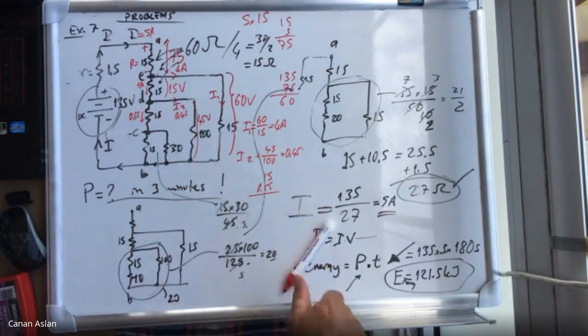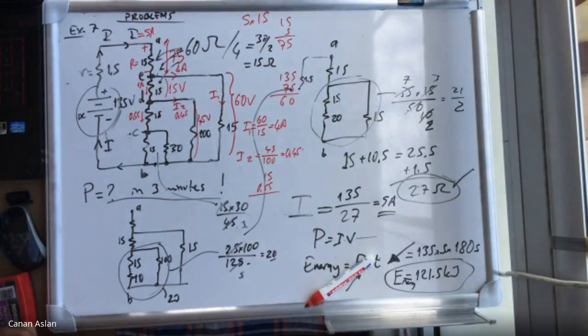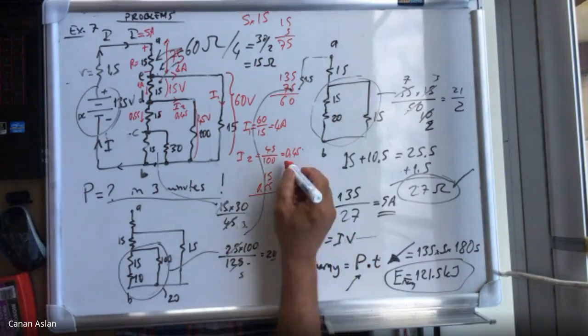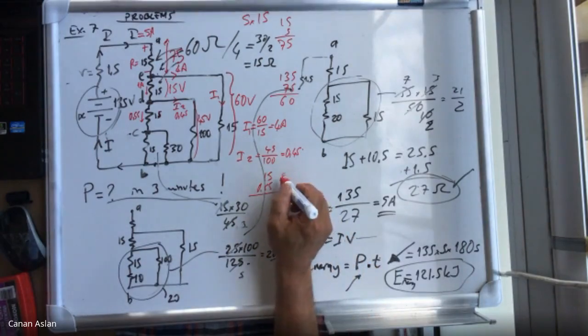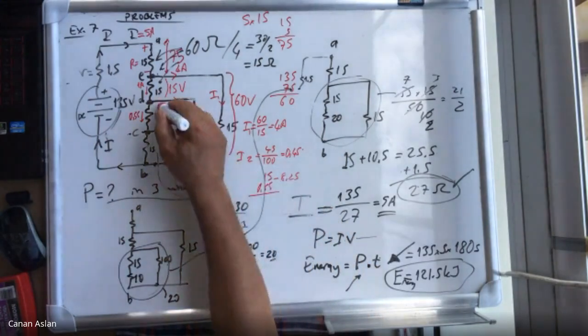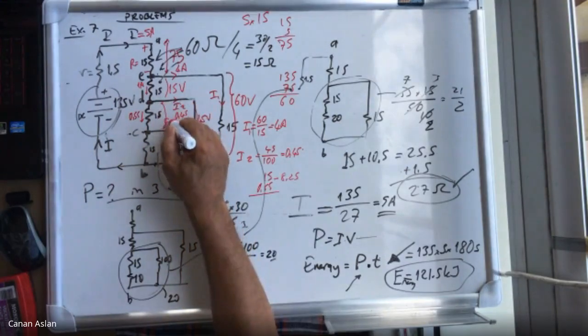All right, let's just multiply it by the calculator. It's simpler. Let's do it since we have started. The solution, let's finish it. 15 times 0.55 is equal to 8.25. So this voltage here is 8.25.